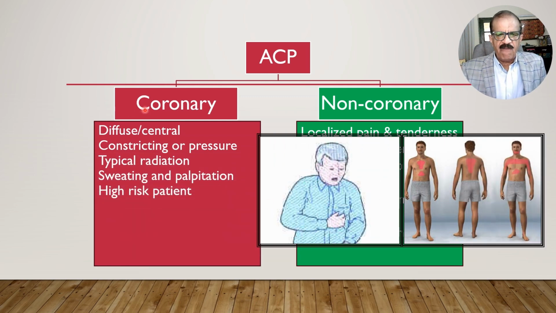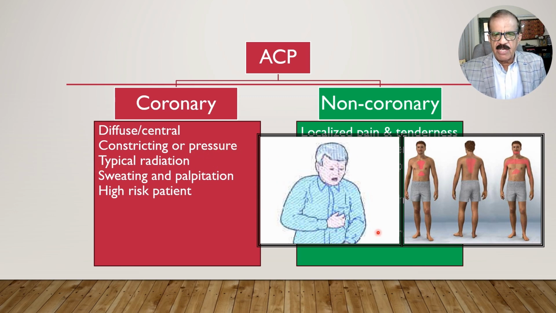So these are the things, if present, that would suggest the coronary cause, that means acute coronary syndrome. If pain is diffuse, not localized, diffuse and central, like here, constricting in nature or a pressure-like feeling.